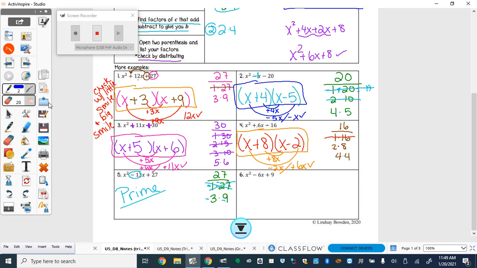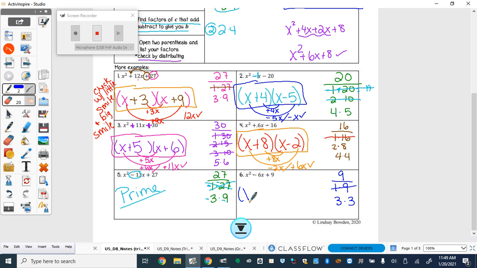All right, last one on this page. Factors of 9 would be 1 and 9, 3 and 3. We want them to add to be -6. So again, I would want two negative numbers. So -1 plus -9 is not going to give me -6. But -3 plus -3 will.